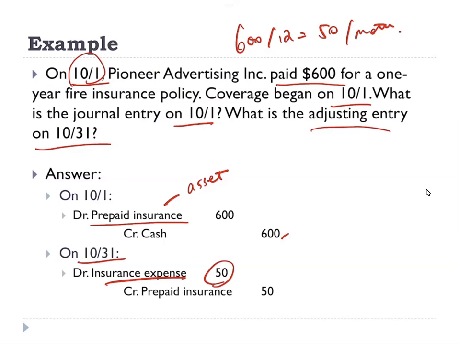And then accordingly, we decrease prepaid insurance by $50 because now we no longer have the right to this $50 of insurance. So yeah, this is an example about prepaid insurance.